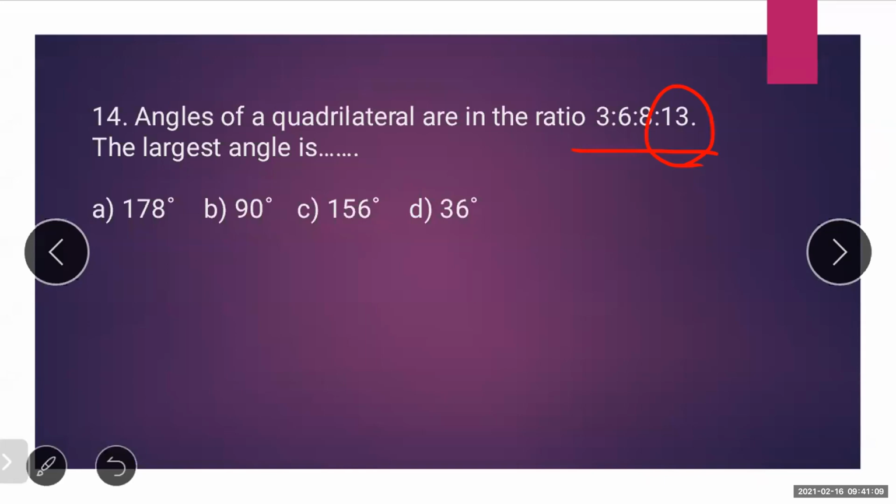Then it will be 3x plus 6x plus 8x plus 13x is equal to 360. Why have we taken 360?